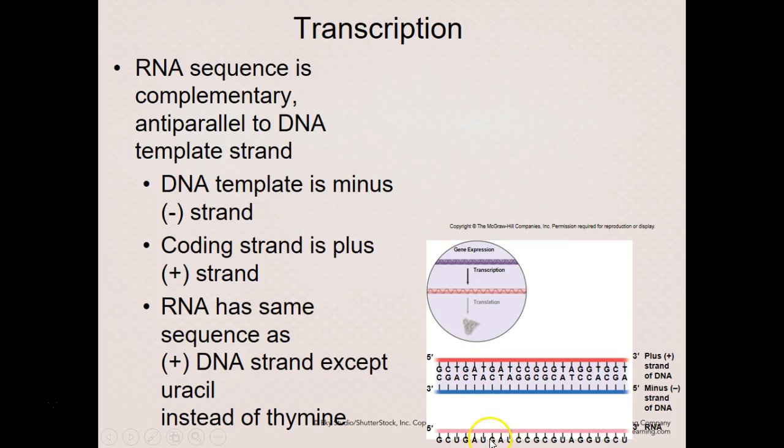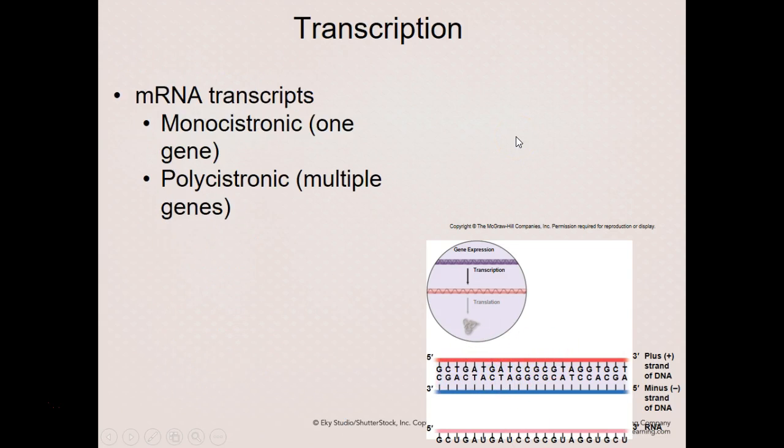G, G, A, T, U. Okay. So we use this strand, the minus strand, to make our RNA molecule. This allows complementary nucleotides to bind, and then we have this identical copy.